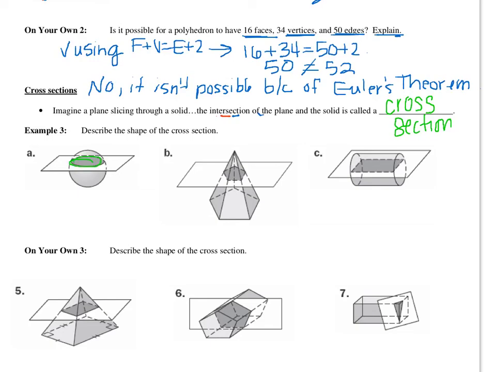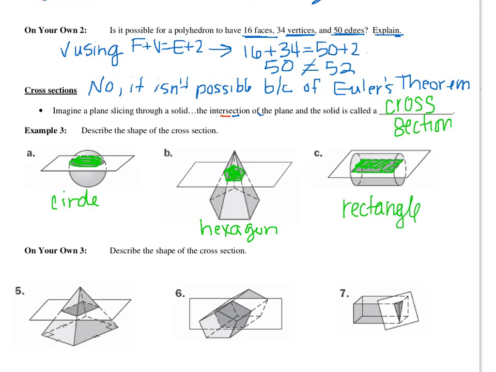So this little piece is where my plane cuts through the solid, and that shape is a circle. On the next one, my plane is cutting through and forming this shape right here, and that's a hexagon. This one, my plane is cutting through and forming this shape right here, and that would be a rectangle.